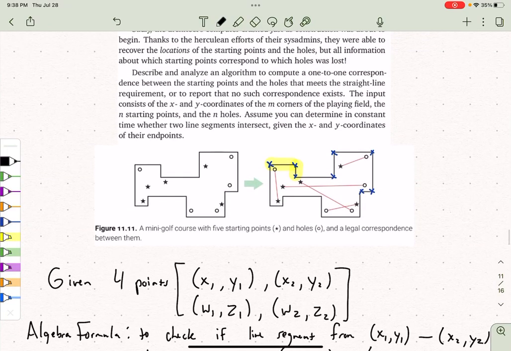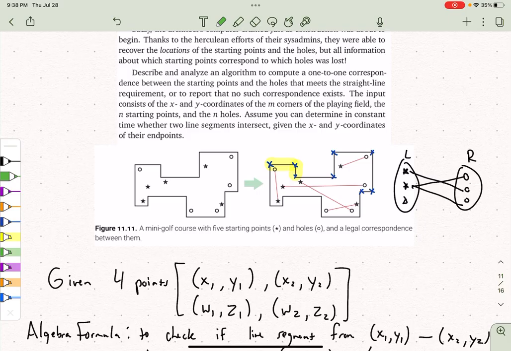So visually, you can think of this as L being the stars at the starting points. So we have the stars become our L, we have each of the holes become a node in R, and then we have an edge between them if it's possible for that hole to be matched with that star without it hitting a border.